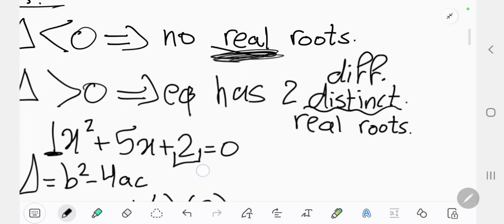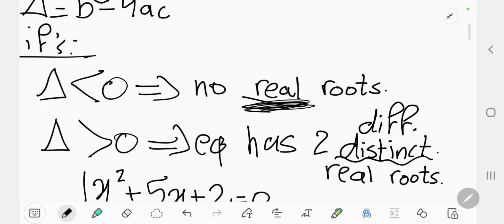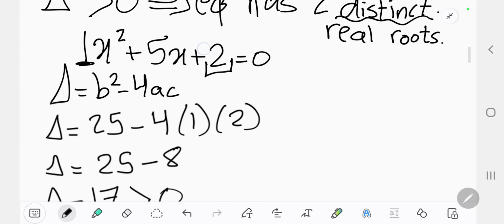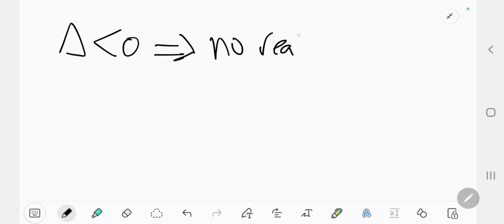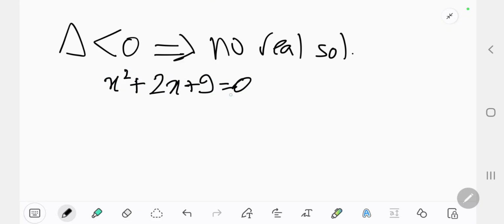Yeah, but I still have some notes that here I didn't give an example for. I have to give an example so that you understand the most. As we said, no real solution, and let's see why, because now you're like, why the hell? Okay, first let me give you an example. X squared plus 2x plus 9 equals 0.